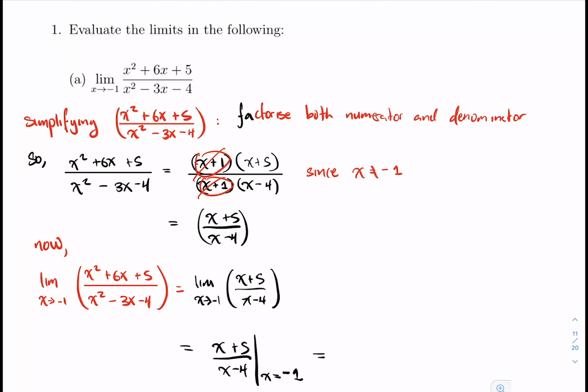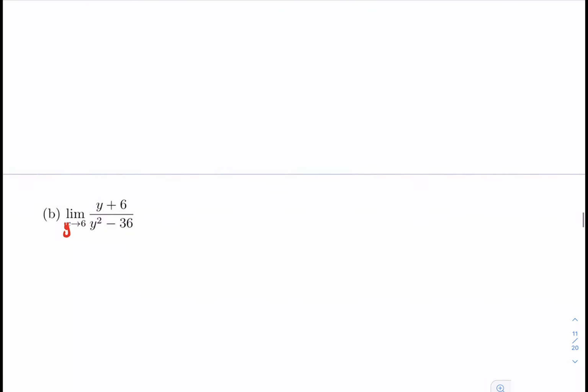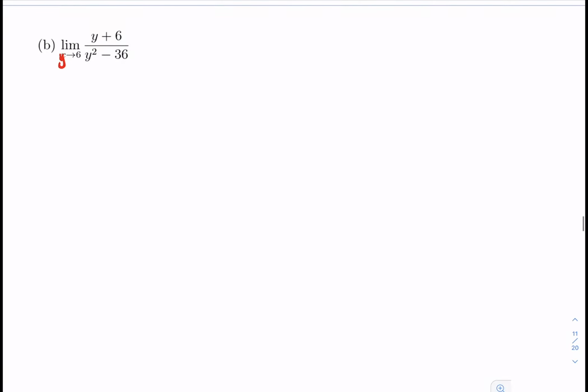This gives us -1 plus 5 over -1 minus 4, so 4 over -5, which is equal to -4/5. And that is our answer.